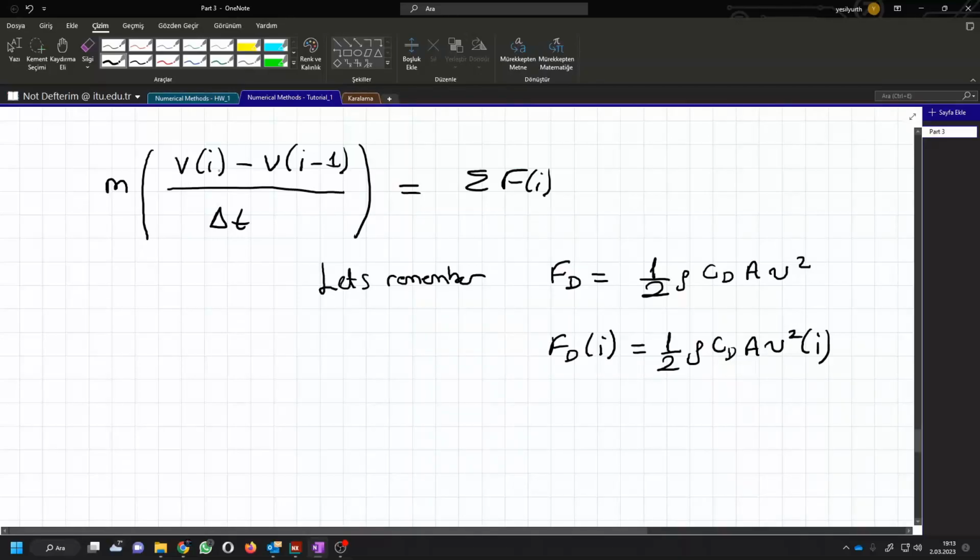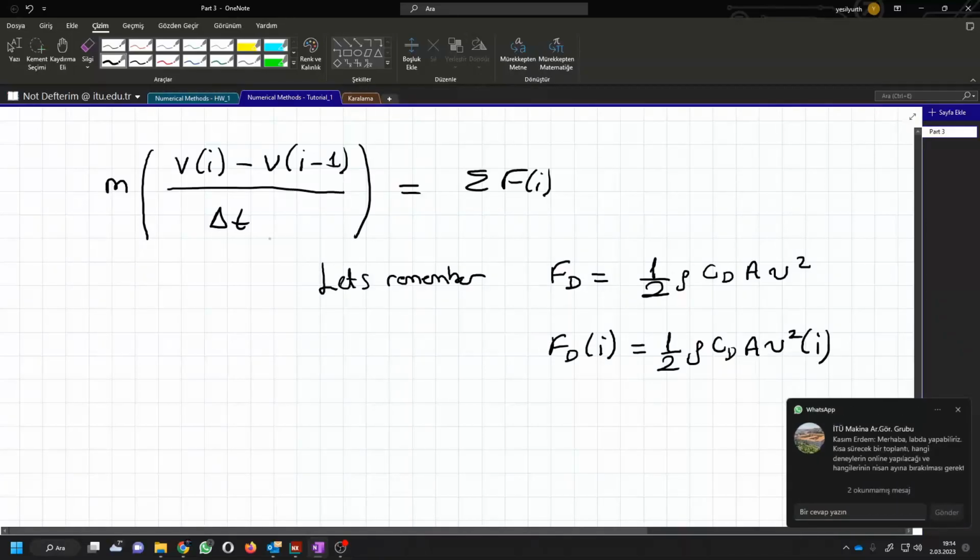I do not know Vi. I also do not know square of Vi, so I do not know the drag force of my current time. So let's attempt to solve this equation.